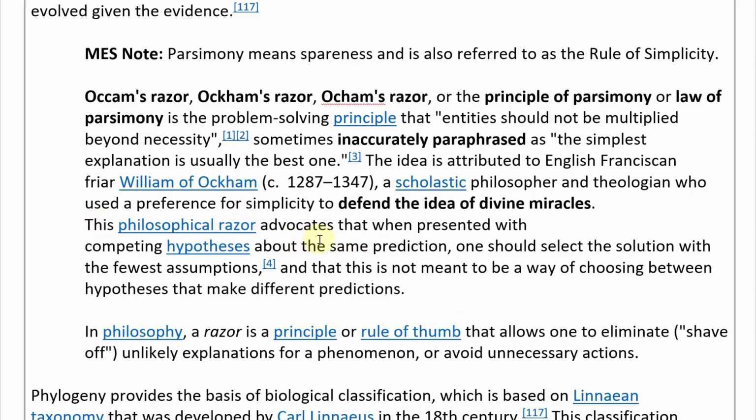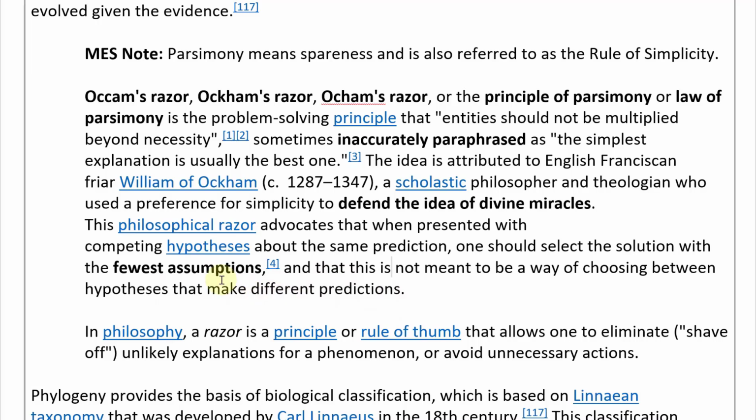This philosophical razor advocates that when presented with competing hypotheses about the same prediction, one should select the solution with the fewest assumptions. This is not meant to be a way of choosing between hypotheses that make different predictions.